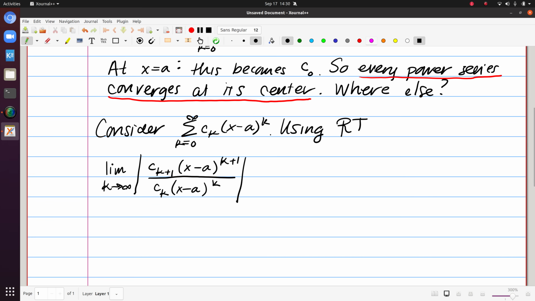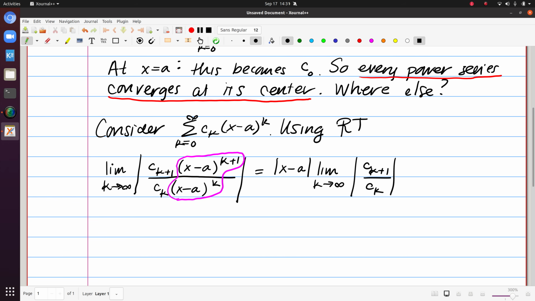Now, focusing on just these x minus a terms, I have an extra factor in the numerator that is not dependent on k. When I cancel that out, I just have a single x minus a in there. Now, what's important is that I cannot disregard the absolute value. So noticing that I have that extra factor of x minus a, I can factor it out of the limit, but I need to bring the absolute value with it. What's left is the absolute value of c sub k plus 1 divided by c sub k.